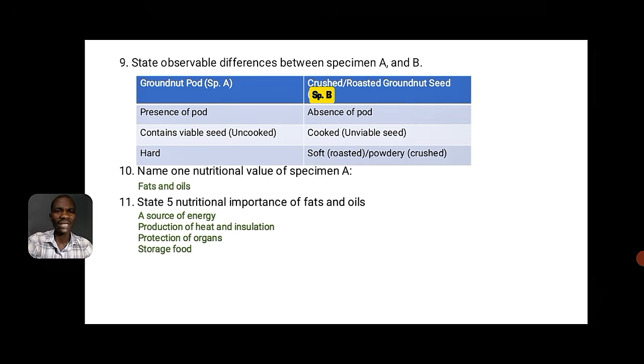Number 1 is that it is a source of energy. In fact, research told us that fat and oil are a large source. They produce larger amount of energy than carbohydrates. Number 2 is the production of heat and insulation. Number 3 is the protection of organs. And number 4 is food storage.